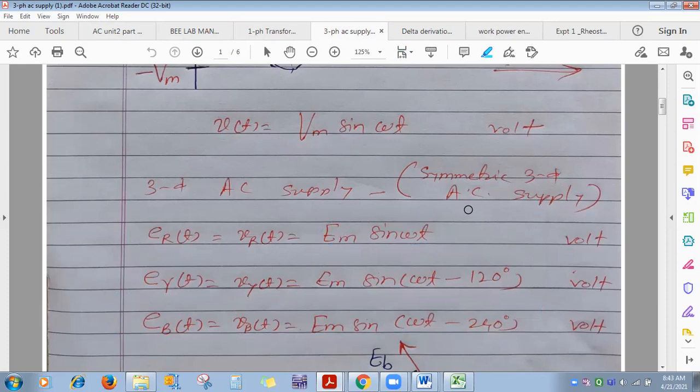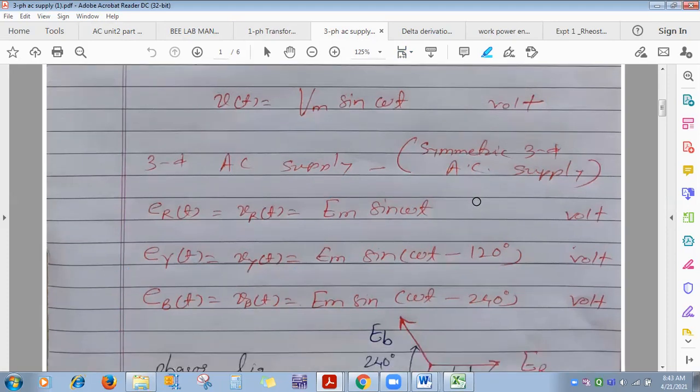Designing is a different part that is included for electrical students: generator, motor, winding design, transformer also. So they design the windings so that the Y phase voltage is shifted.